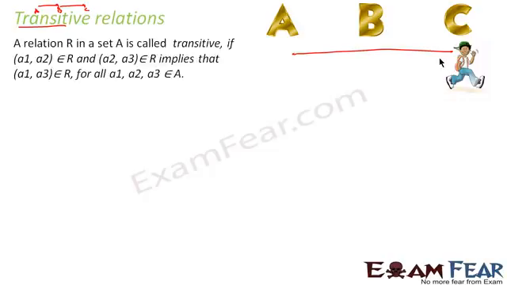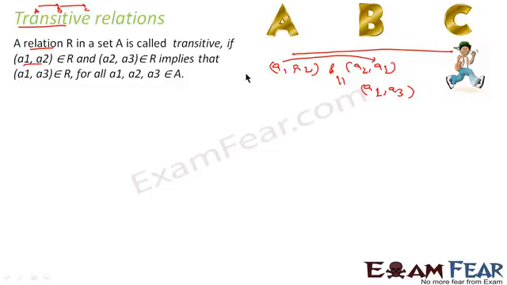So in the mathematical world, a relation is called transitive if, suppose A1 comma A2 is part of the set, correct? Also, if A2 comma A3 is part of the set, that should imply that A1 comma A3 is also part of the set. This is the game of transitive.